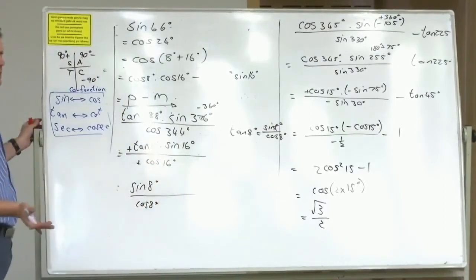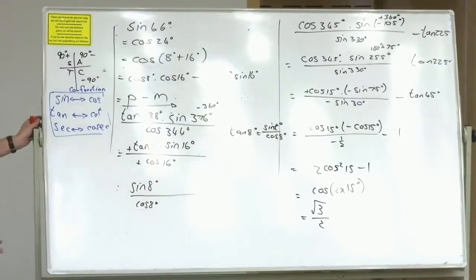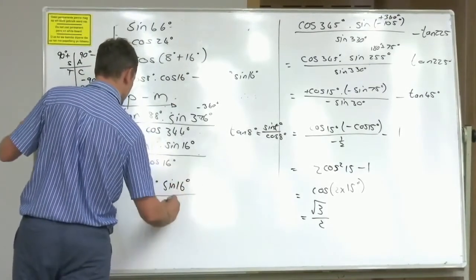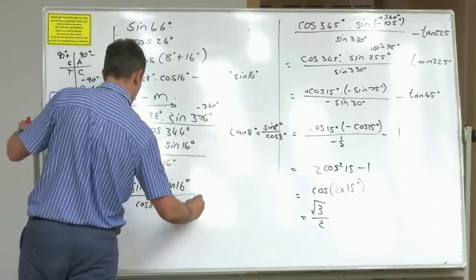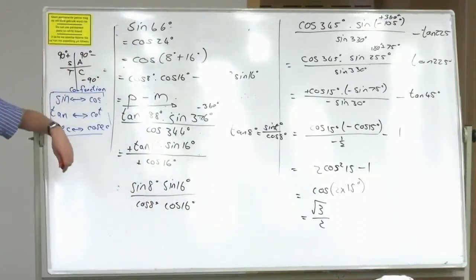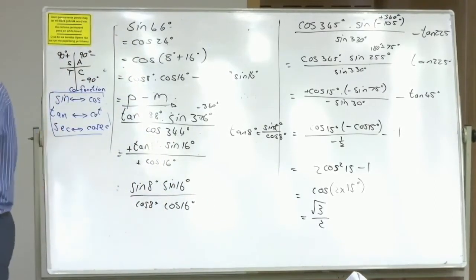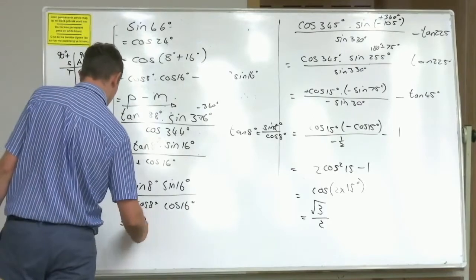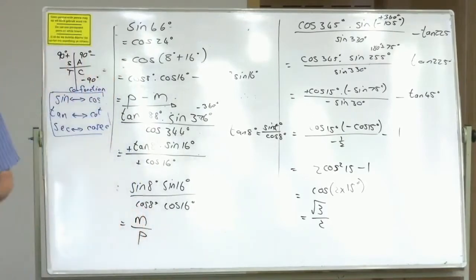Because it's multiplication, it doesn't matter. And then I've got a sine 16 at the top and a cos 16 at the bottom. What? I have M at the top. And I have P at the bottom.